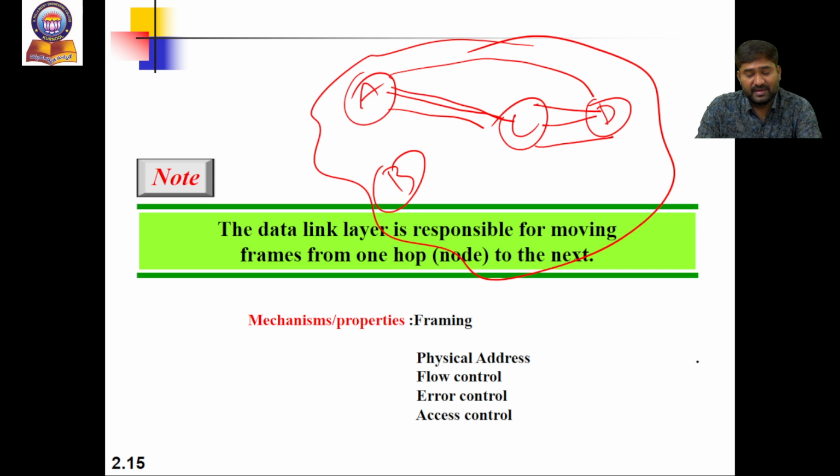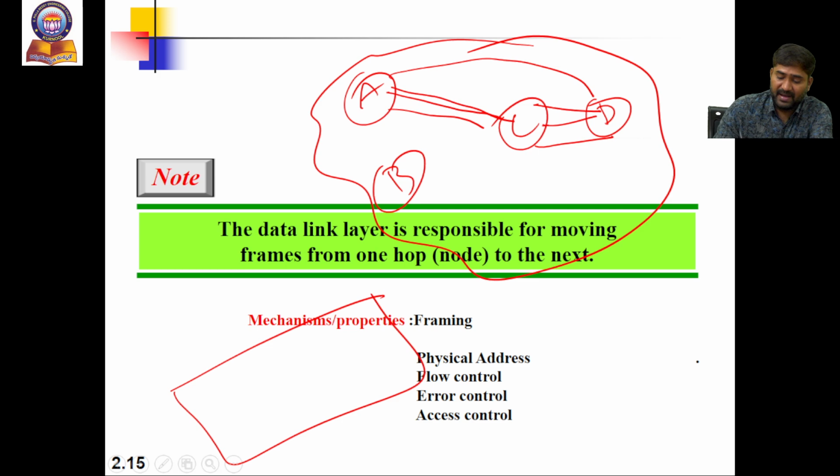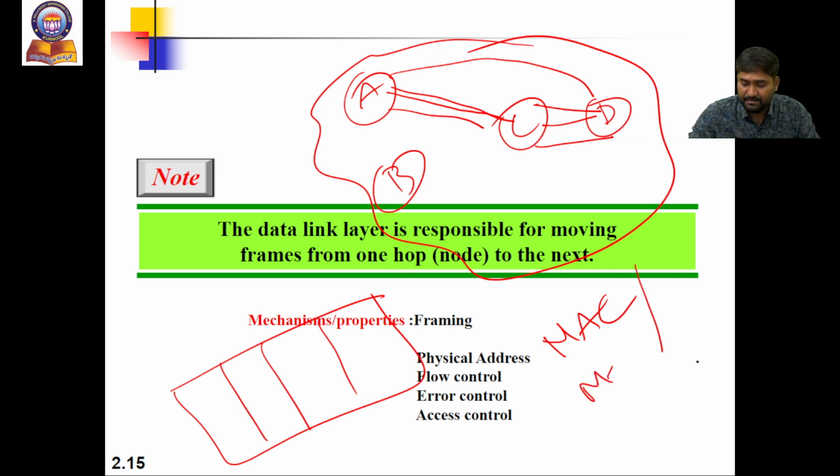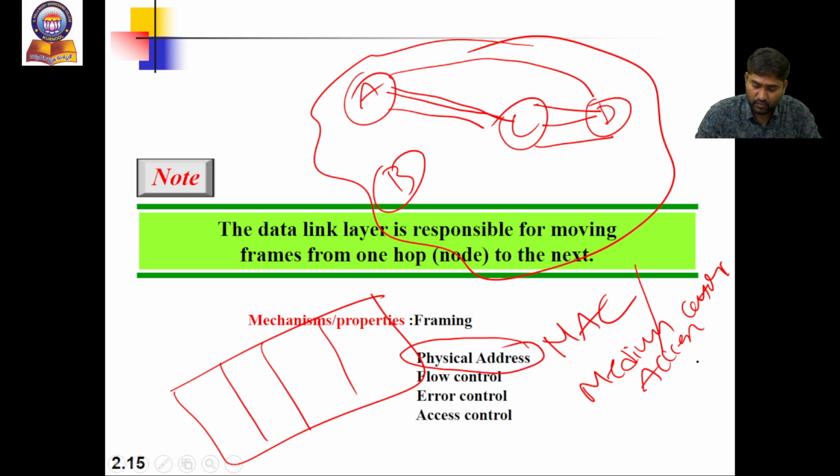So when it goes from A to C and A to D, we need to add these addresses inside the packet. What type of address do we use at the data link layer? In the network layer, we use the IP address. In the data link layer, we use the MAC address. MAC is medium access control, and simply we name it a physical address also.